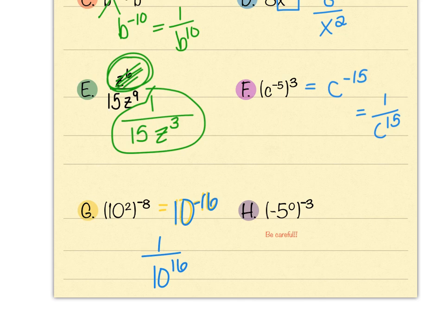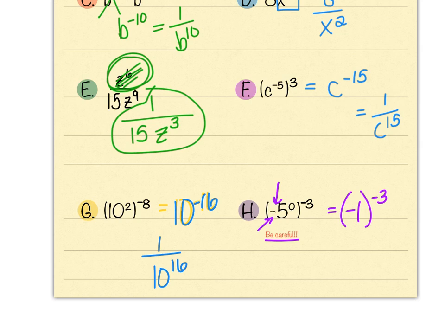And then the last one here, it says be careful. What's so tricky about this? Well, the negative is in the parentheses, right? So I know that anything to the 0 power is 1, but there's a negative in front of this. So this is actually equal to -1 being raised to the -3rd power.